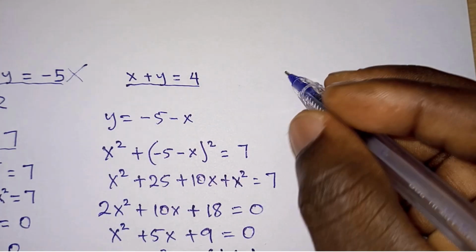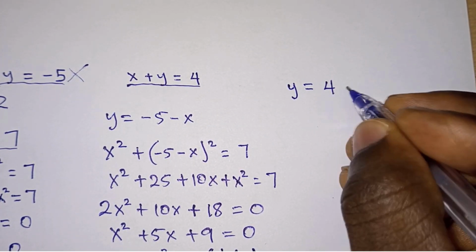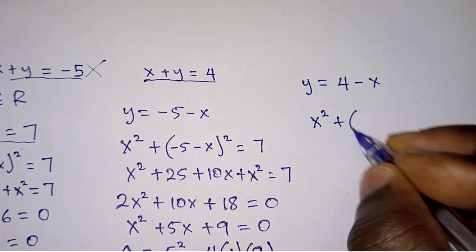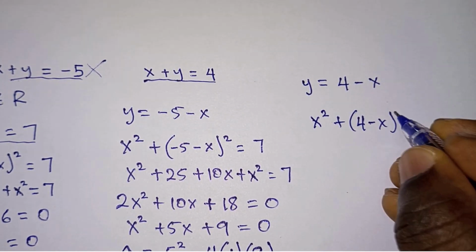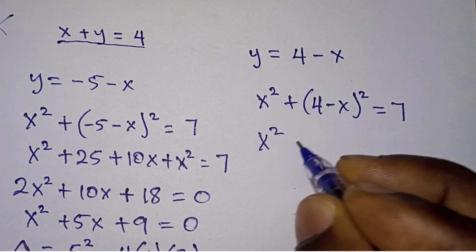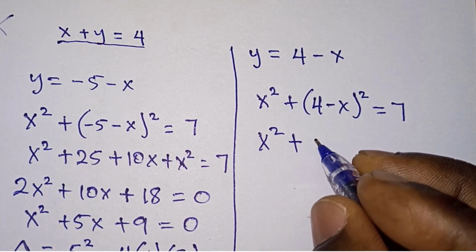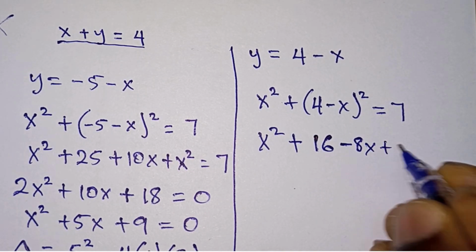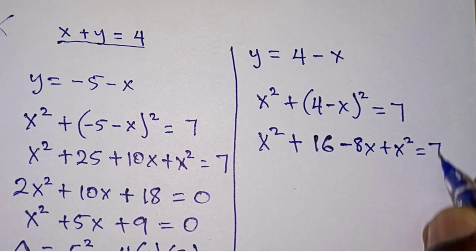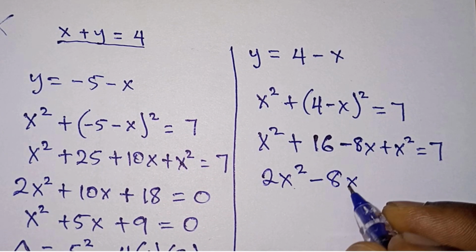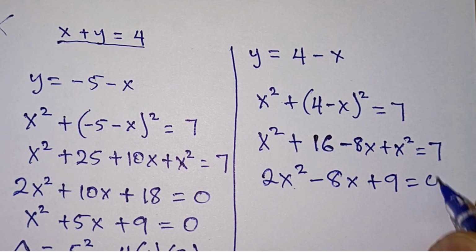Now let's pay attention to the last one. From here, we're going to have y is equal to 4 minus x. So from this equation over here, we would have x squared plus (4 minus x) squared is equal to 7. And if we expand this, we have x squared plus 16 minus 8x plus x squared is equal to 7. So we're going to have 2x squared minus 8x plus 9 is equal to 0.